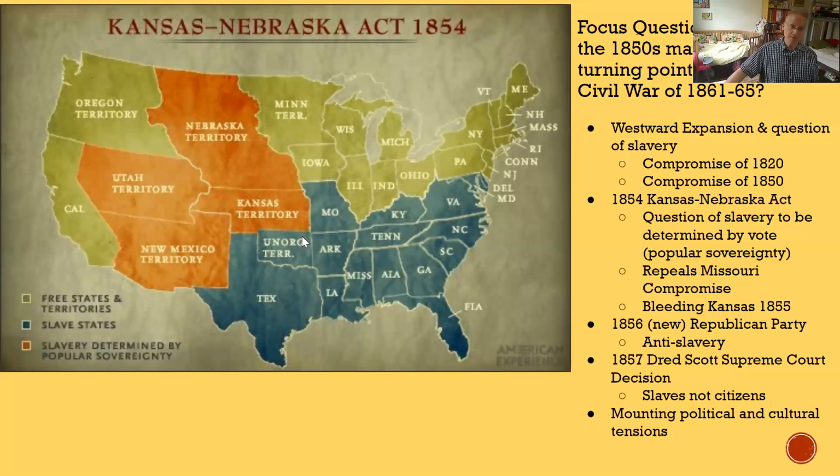Remember, the Compromise of 1820 had said no slaves north of this line here. So this is a major blow to compromise between North and South, and leads to growing tensions.